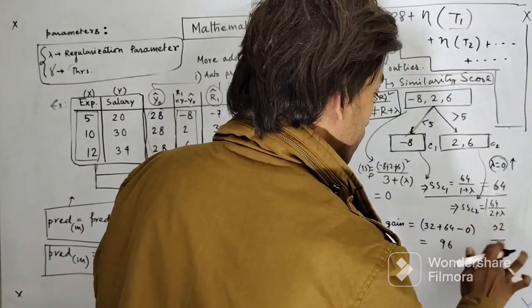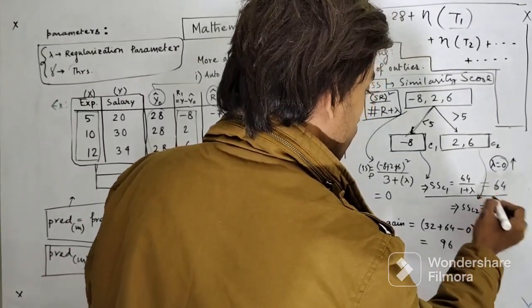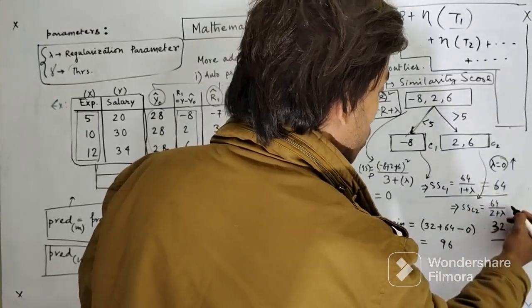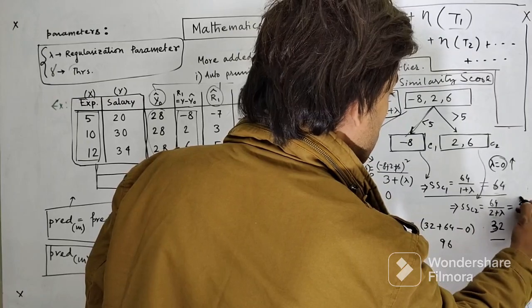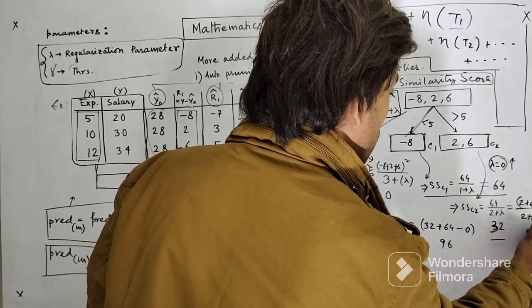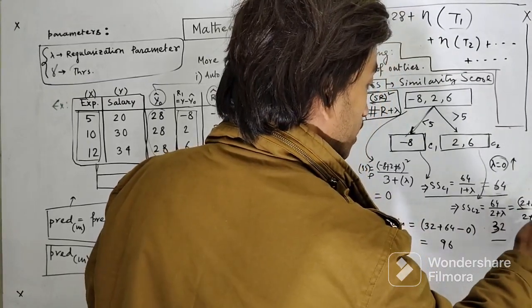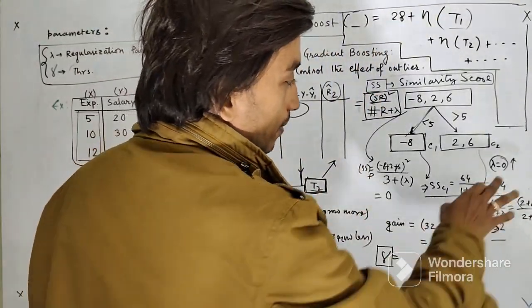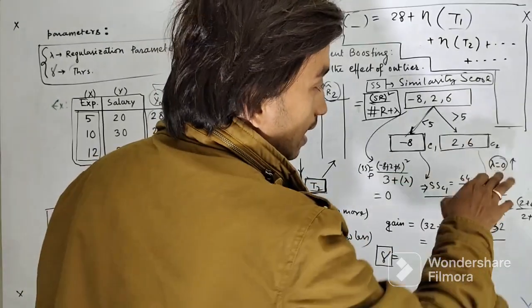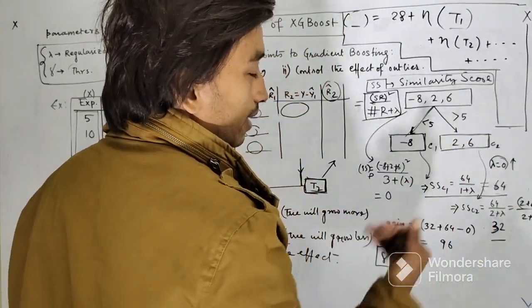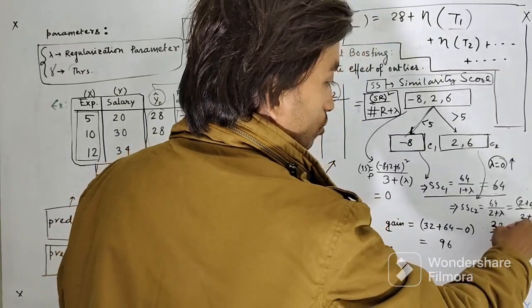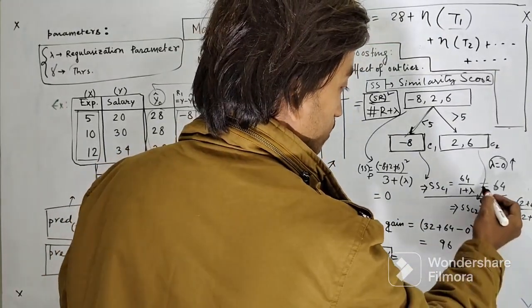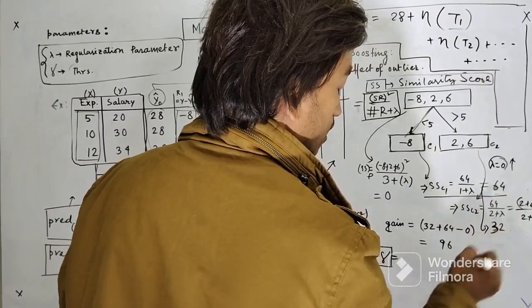This is 64 divided by 2 plus lambda. How is this 64 coming? 2 plus 6, square, that is 8 square, divided by 2 plus lambda. For our first step we initialized lambda equal to 0, so it will be 32.